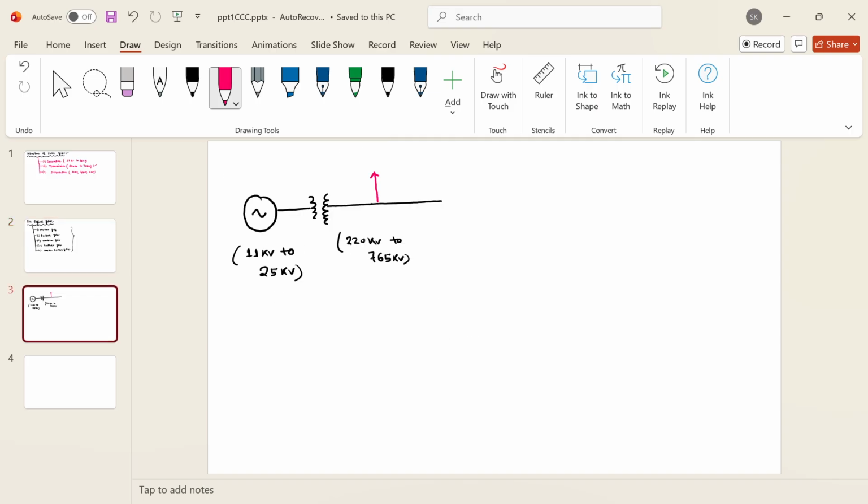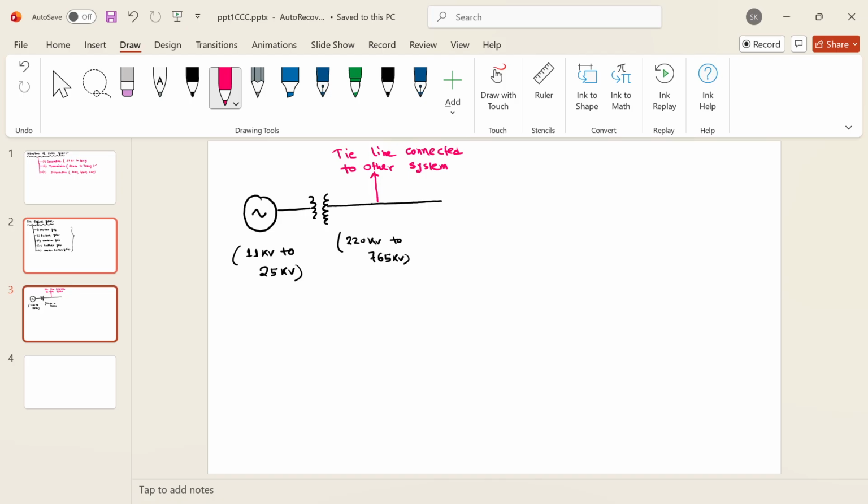So if this is one grid, it will be interconnected with some other grid, maybe through a tie line connected to another system.